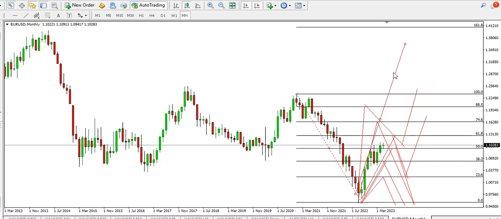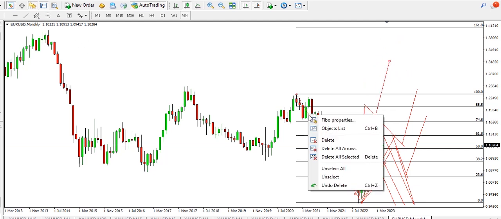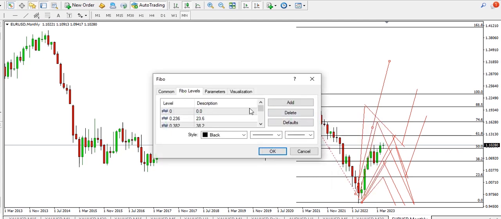To use your trade entry for Fibonacci extension, if price breaks above the 100%, you can enter your trade. Let me add this 138.2. I'm going to click add 1.382, that will be 138.2 percent.